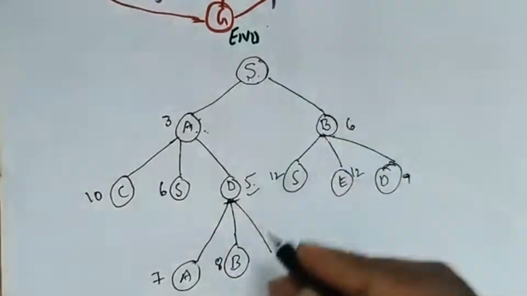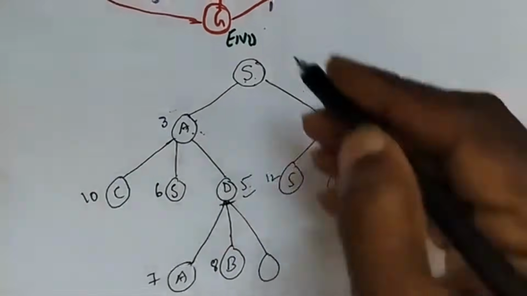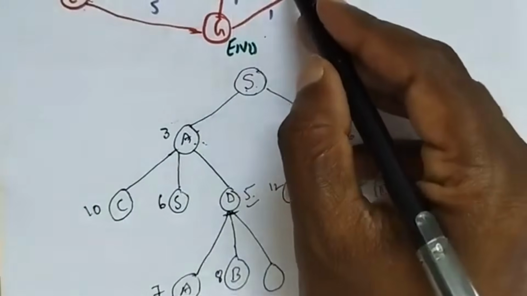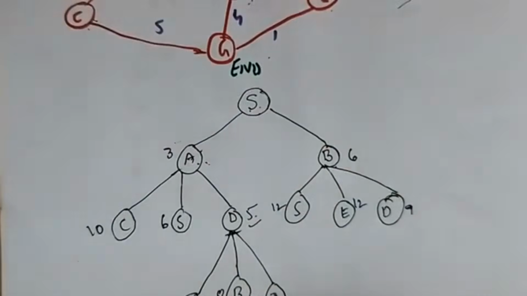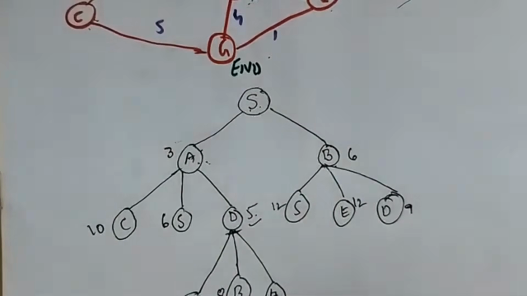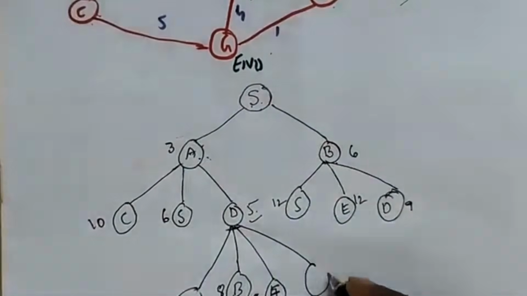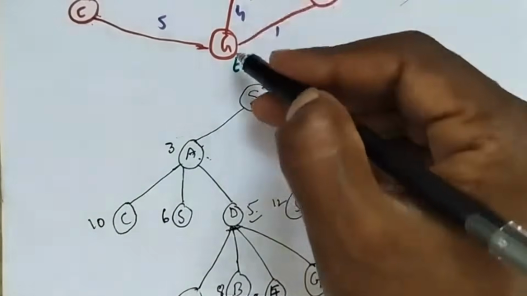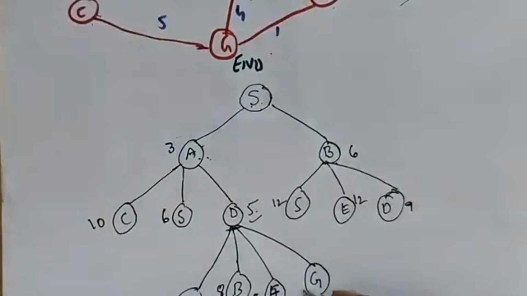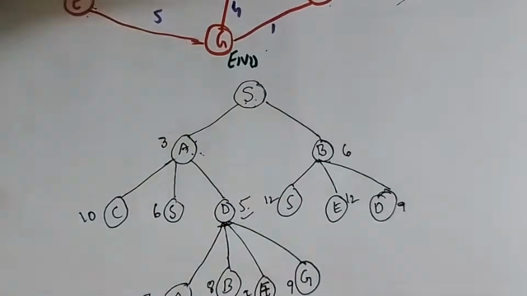D2E is 2, so 5 plus 2, D2E cost is 7. And the last one is D2G. D2G is 4, previously 5, so 4 plus 5 is 9.